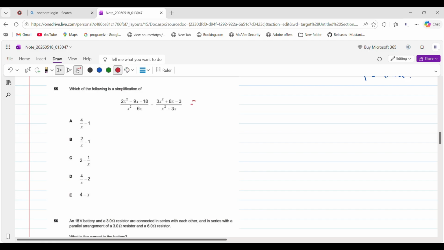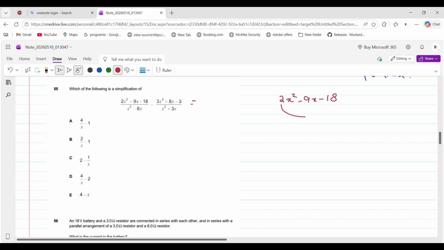So in the numerator, I can of course take the factorization, right? And how will I be factorizing this? Now see, this is a very easy 2x square minus 9x minus 18. How you basically factorize it, learn it today, okay? And please do not forget the factorization of the quadratic equation after today.